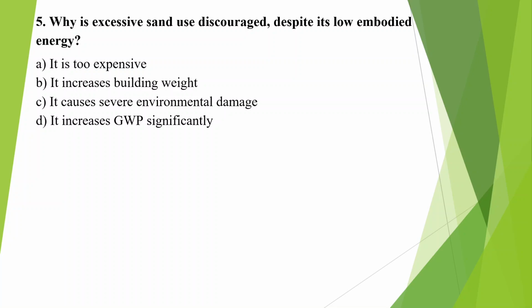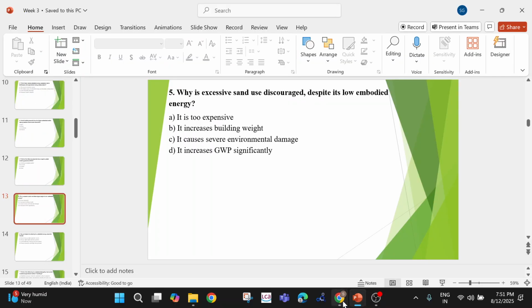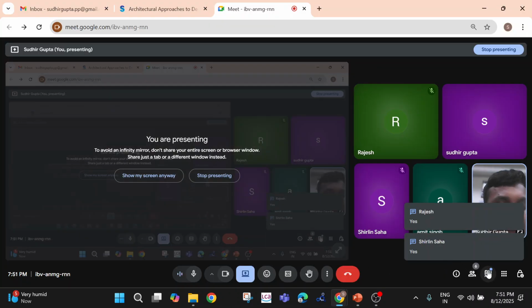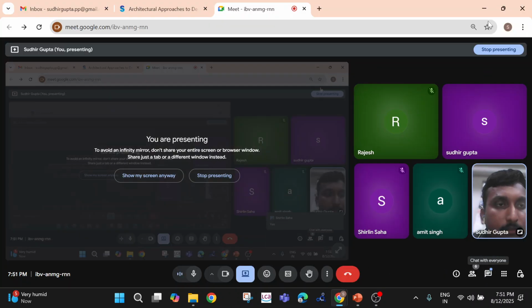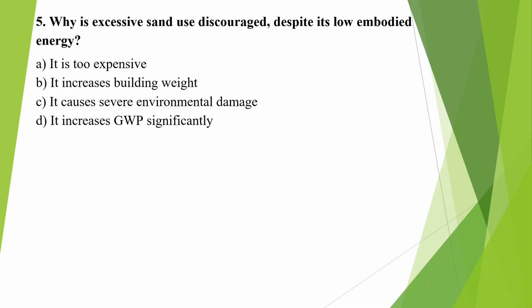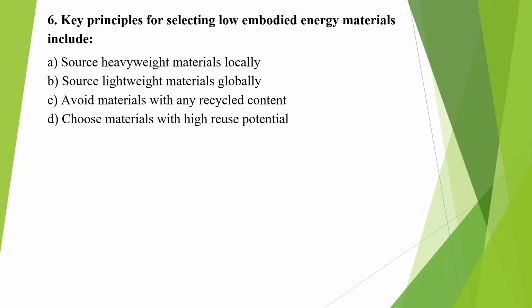Can we move to the next question if you are clear with the fifth question? So I think all of you are clear. Yes is also being marked. So let's move to the next question then and try to revise our concepts again.